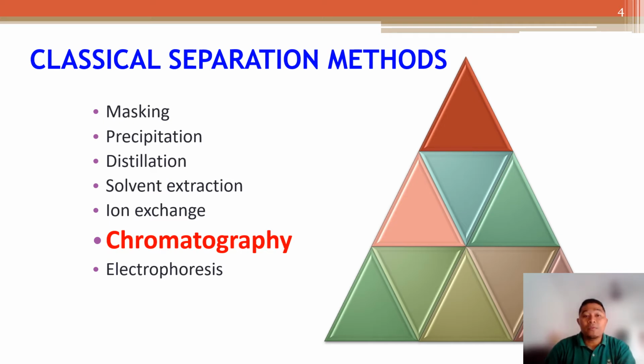And then for chromatography, for example, electrophoresis involves the separation of charged species. So if you have positively charged ions, they will separate from the negatively charged, or vice versa.